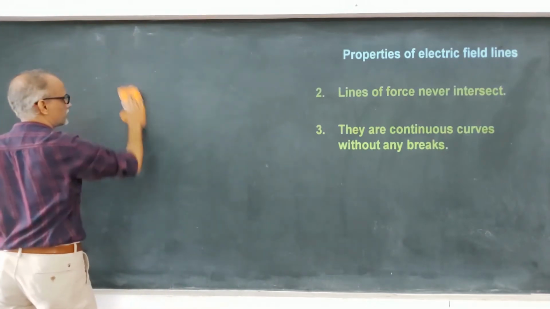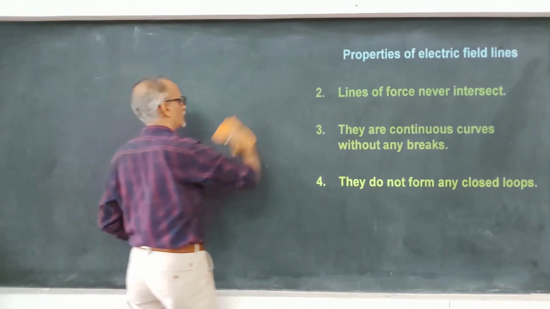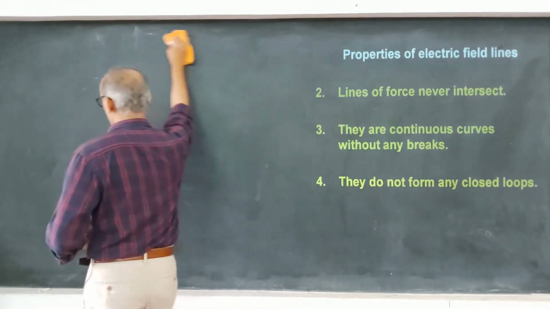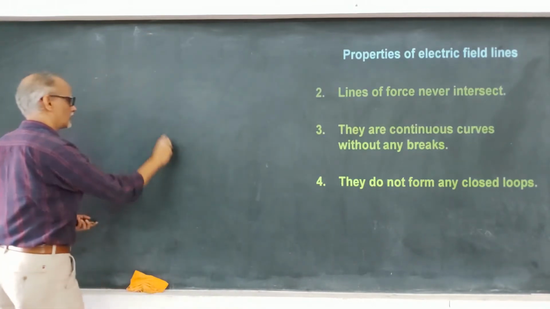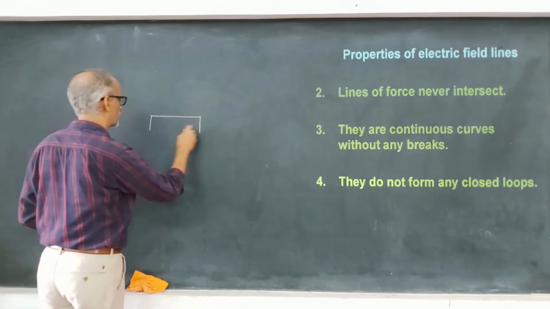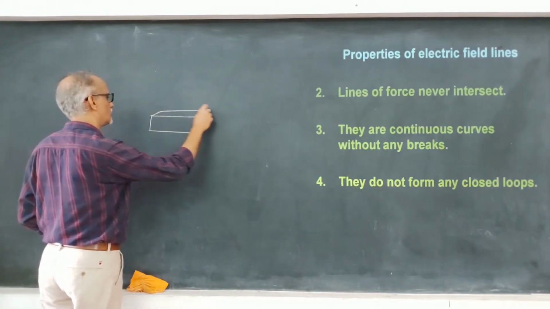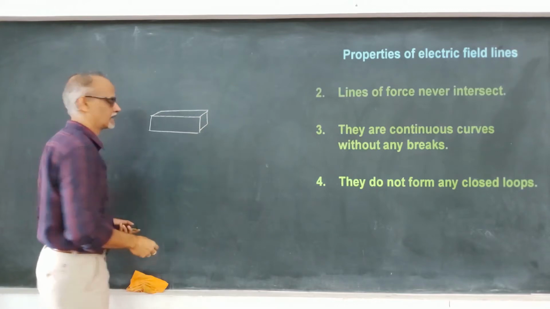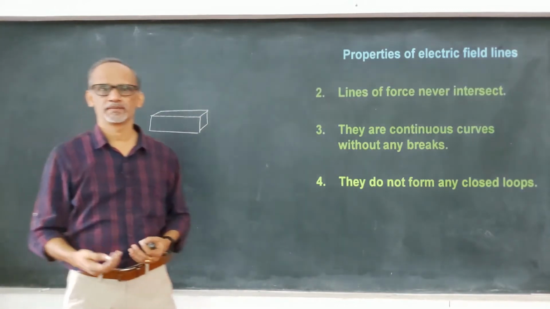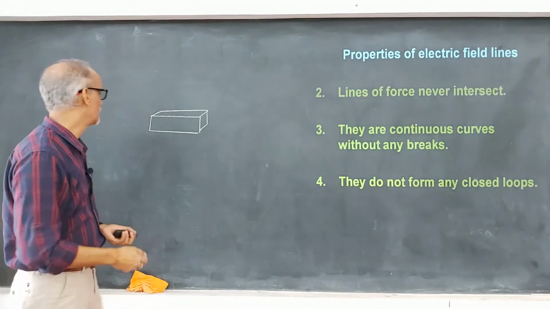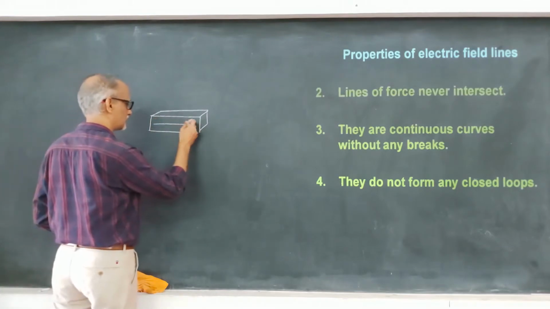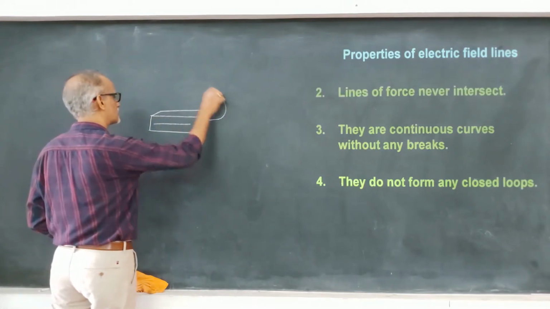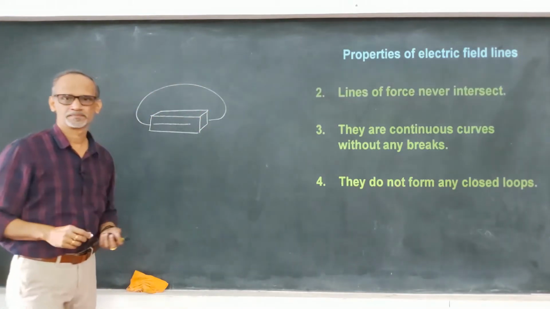And now property number 4. They do not form any closed loops. So if I consider a bar magnet, in the case of bar magnet, the magnetic field produced by the magnet exists both inside the magnet as well as it exists even outside.